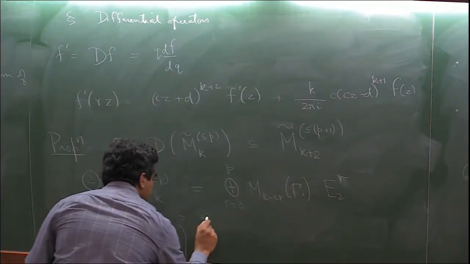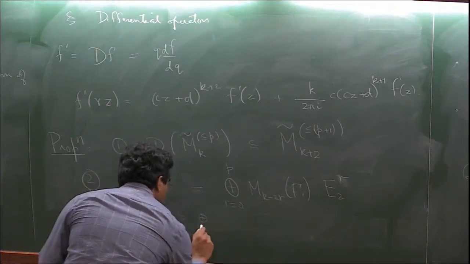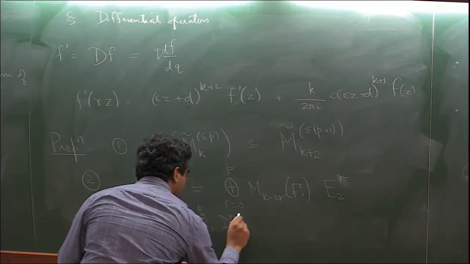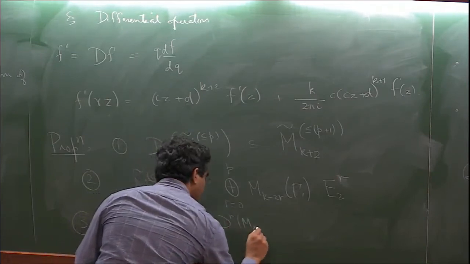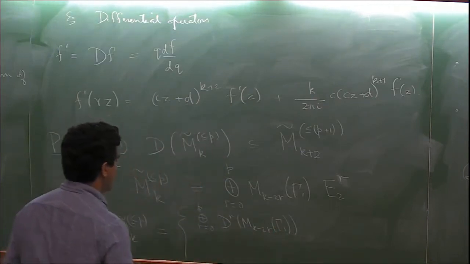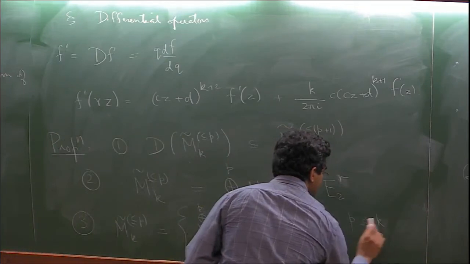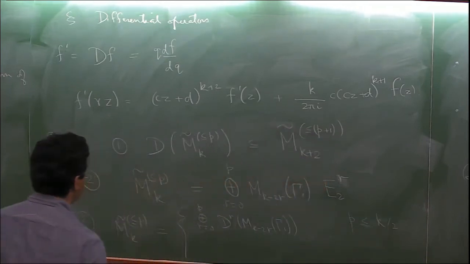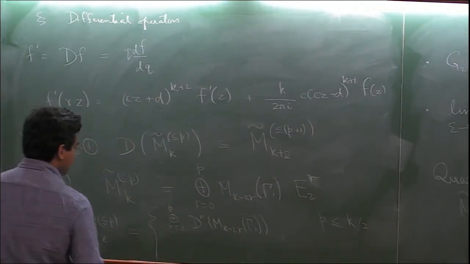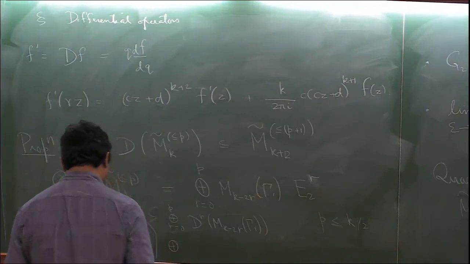If I am in small enough depth, so r from 0 to p, D^r M k minus 2r gamma 1, I have to apply it r times, if p is less than k by 2. So if I am in small enough depth, then everything is obtained like this. If not, then I have to use E2.